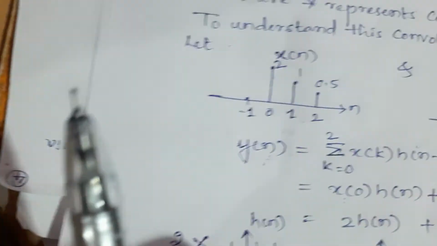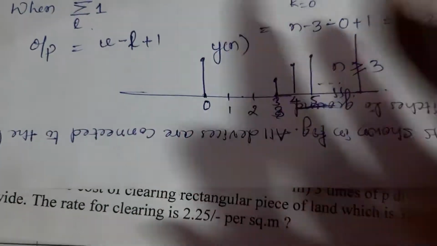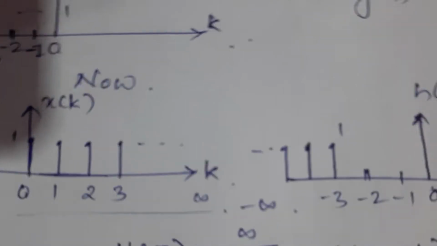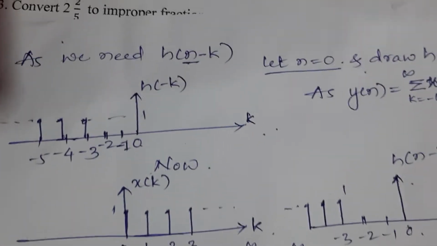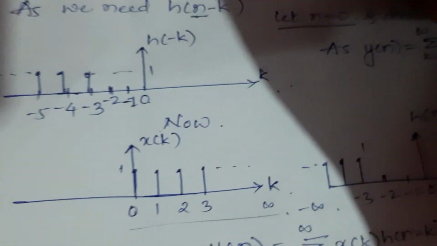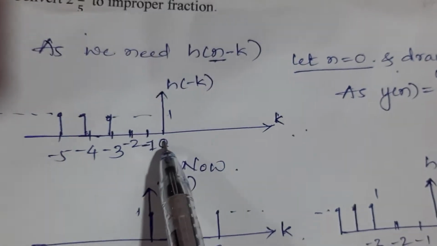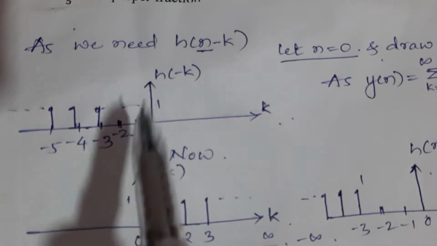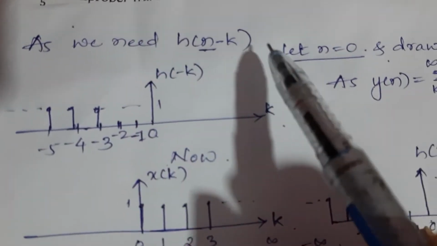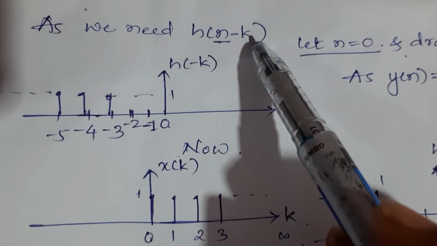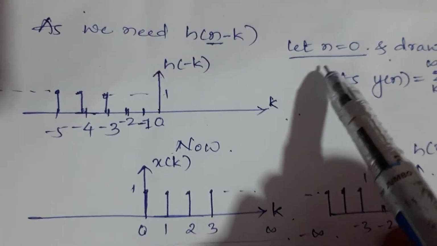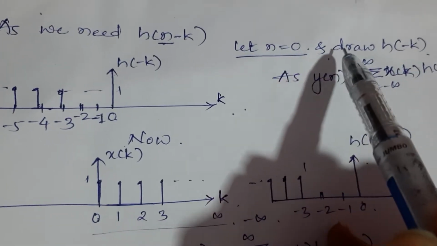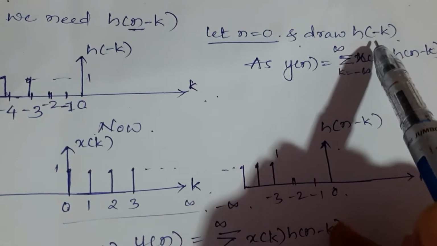So h of n minus k signal is obtained in this way. We all know the time reversal property of the signal. h of n minus k means, let's say if n is 0, then the value of the signal becomes h of minus k.